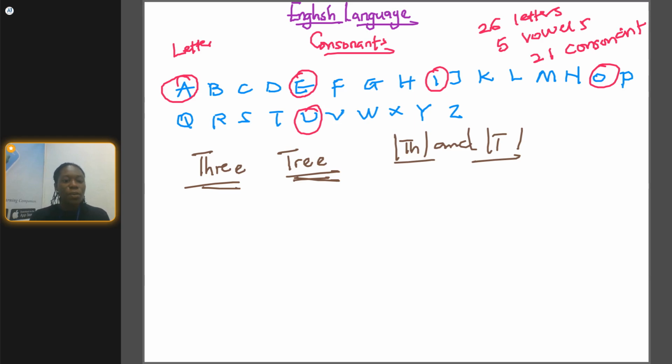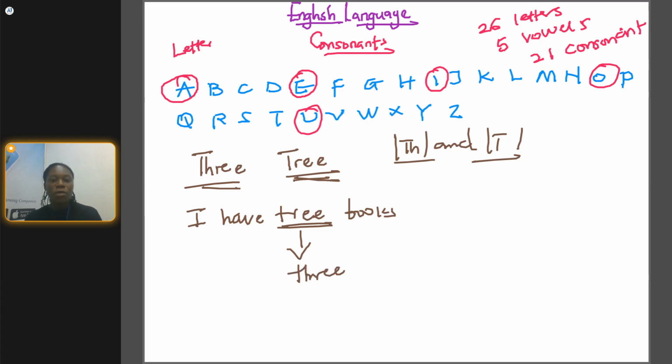You can have an example like, I have three books. Whereas what you mean to say is three. You have three books. But when you pronounce it, you're pronouncing tree. So it means that you swap TH for T.